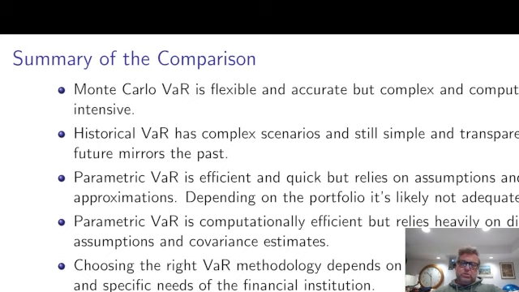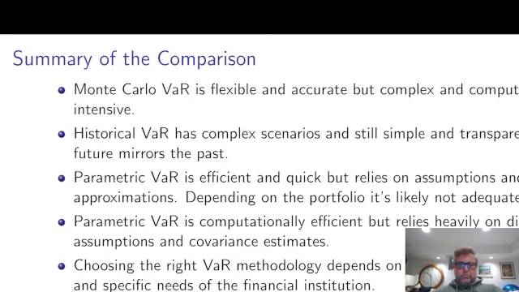Parametric VaR is efficient and quick. It has very clear assumptions, linear approximations. So it's good if the assumptions are clear, but sometimes the portfolio is too complex, and it's not adequate nowadays. Sometimes.